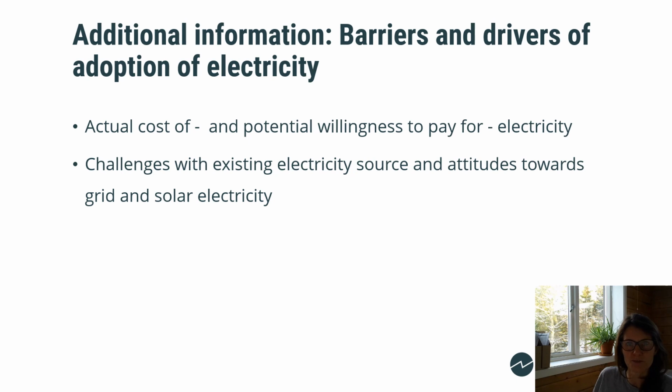What is the cost of battery, lamp, fuel for households without electricity? And what is the willingness to pay for grid connection or solar home system? And there are questions on how satisfied households are with their electricity source, as well as the main problem with the different electricity sources. Finally, respondents are asked about expectations on grid connection and reasons for not being connected.